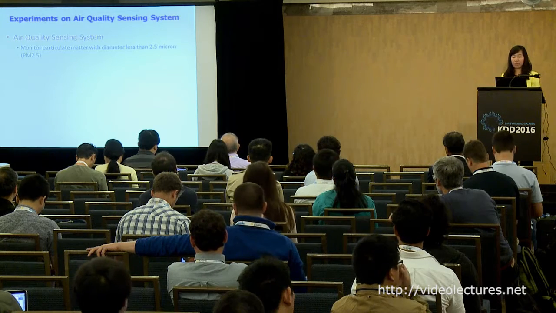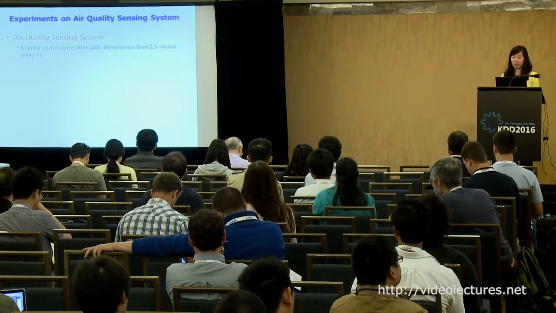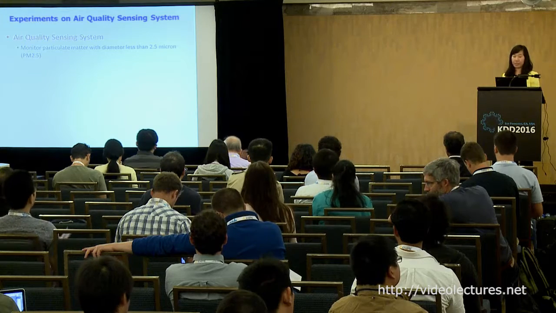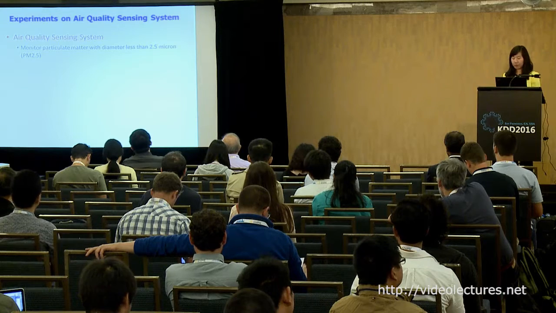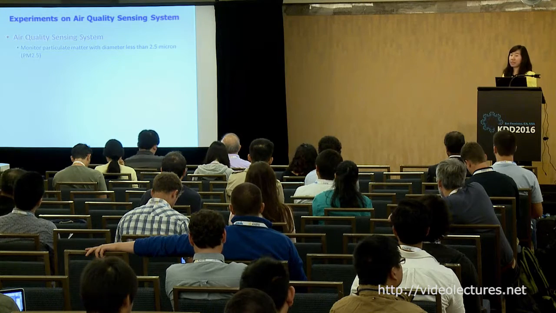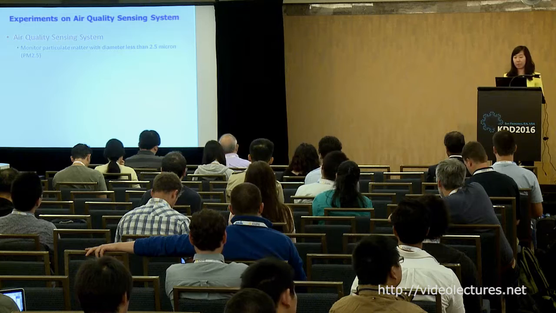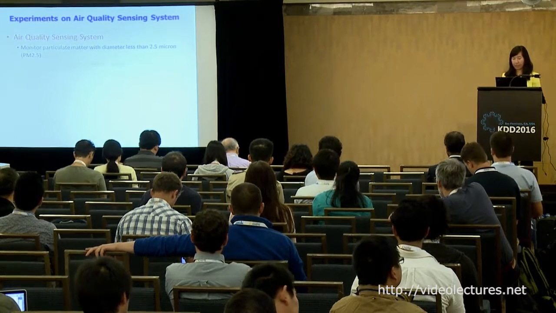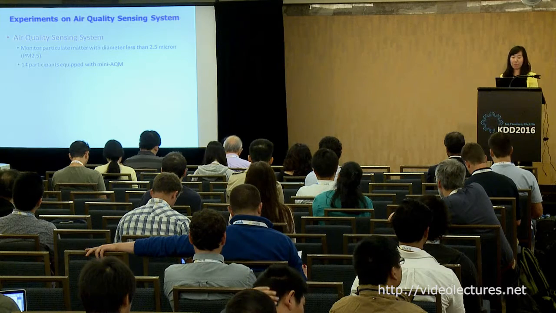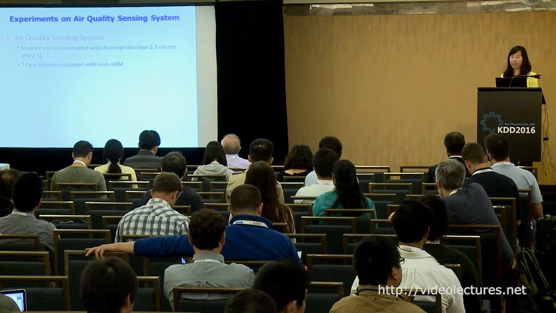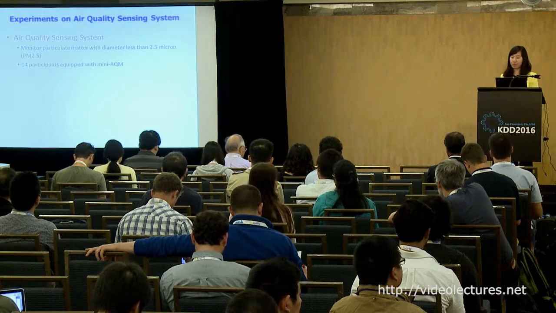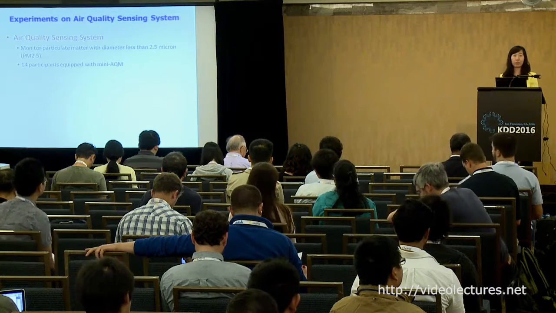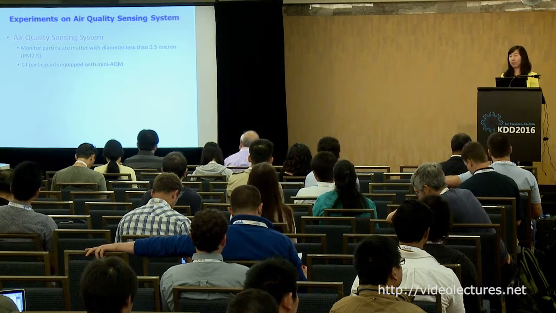Here we show some experiments of this method on an interesting application, which is air quality sensing. It's basically the same setting I introduced in that toy example. We want to monitor the PM 2.5 value, and we have participants equipped with a device called mini AQM. These experiments were conducted in collaboration with a startup company in Beijing.